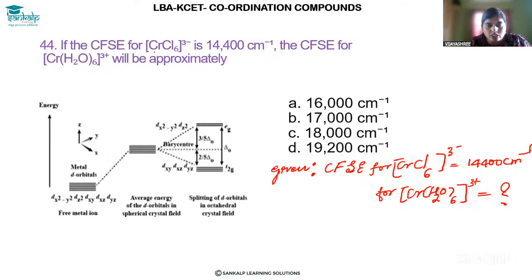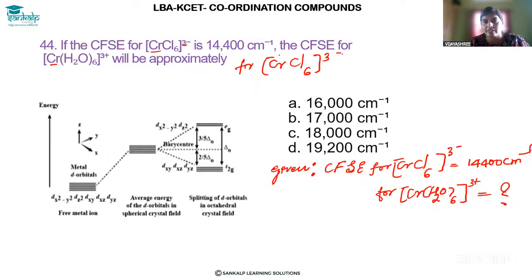What is the oxidation state here? Chromium is the central metal ion here. We have to identify the oxidation state of chromium in both complexes. First, the oxidation state of chromium in CrCl6 3 minus.